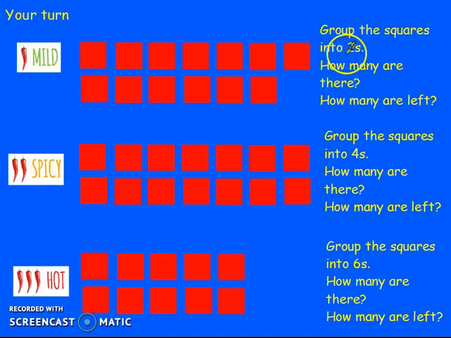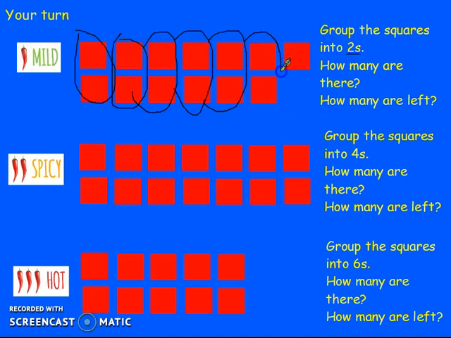So we're grouping this one into 2s. So there's 2, there's 2, 3, 4, 5, 6, and we've got 1 left over. So there are 6 groups of 2, remainder 1. So we would write that as 6, remainder 1. Fantastic.